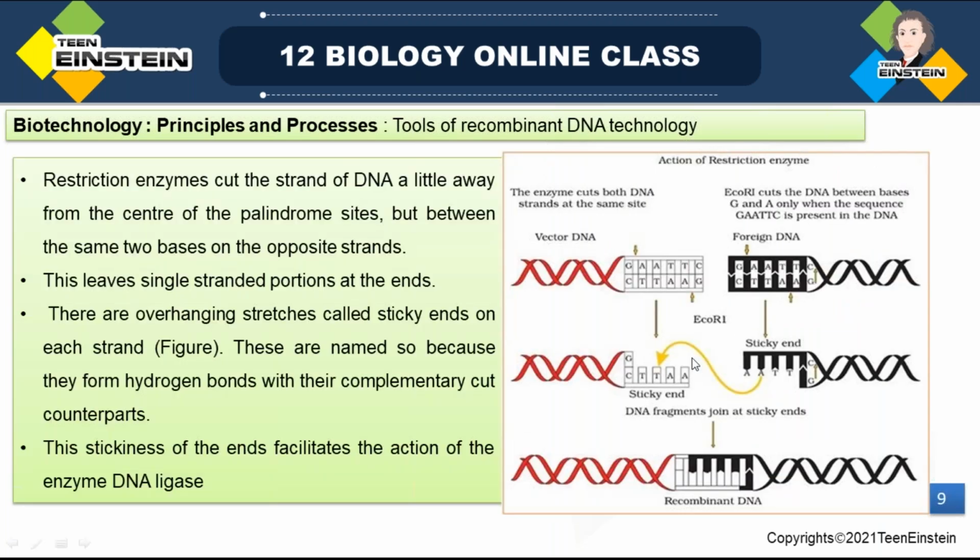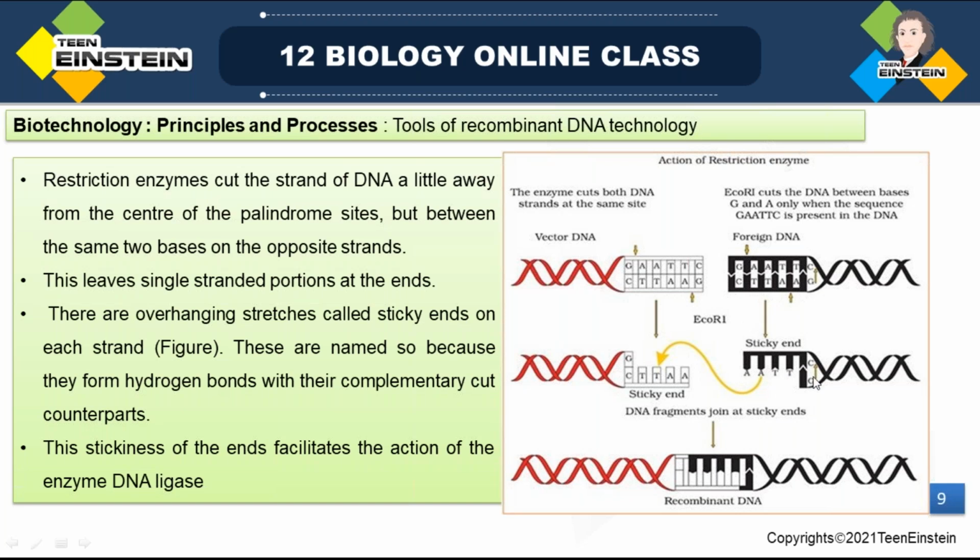Here you can see in the previous figure, EcoR1 is the restriction enzyme which we have used. It identifies the palindromic sequences, and there it makes cuts, right? In the foreign DNA and in the vector DNA, in both. Here this is the vector DNA, there also it makes a cut, and the sticky ends formed in the foreign DNA were also made by the same EcoR1 cut, right?